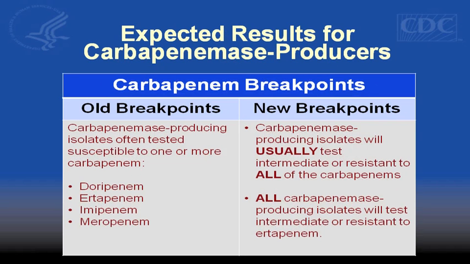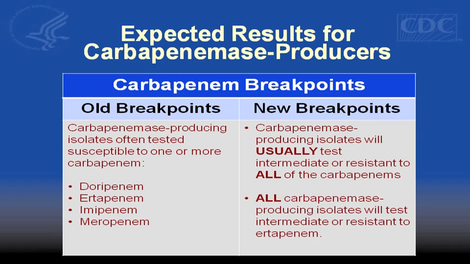Now for the carbapenem breakpoints, things are a little different. With the old breakpoints, if you had a carbapenemase producing isolate, this isolate may test susceptible to one or more carbapenems, and these are the carbapenems: doripenem, ertapenem, imipenem, and meropenem. With the new breakpoints, you would expect carbapenemase-producing isolates to test resistant to all of the carbapenems.